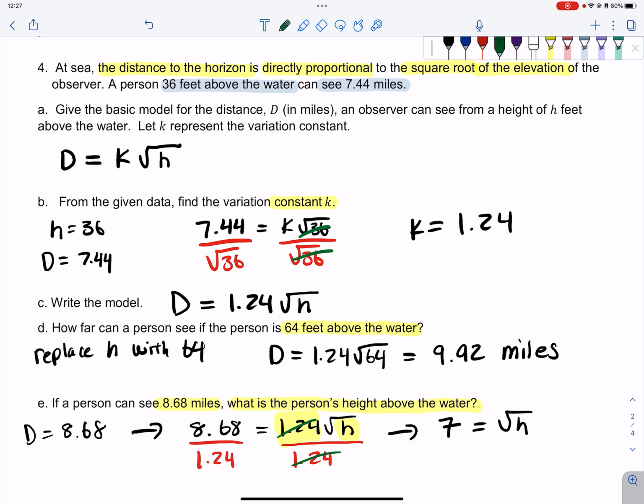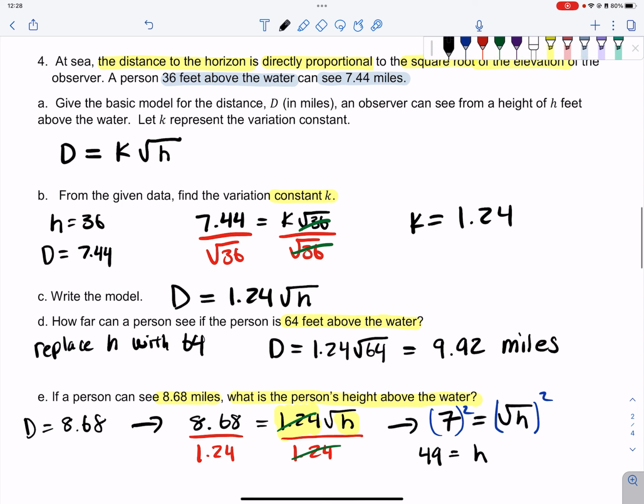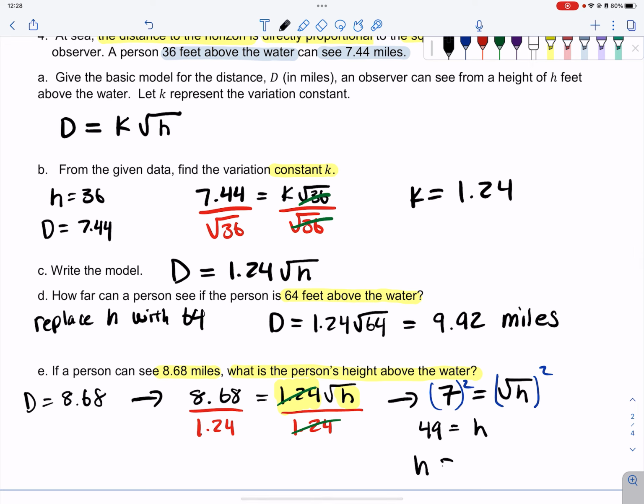And now I can undo the square root. How we undo a square root is simply by squaring it. The square root and the square undo each other, but if I square one side of my equation, I also need to square the other side. So this gives us that 49 is equal to h. So their height is going to be 49 feet above the water.